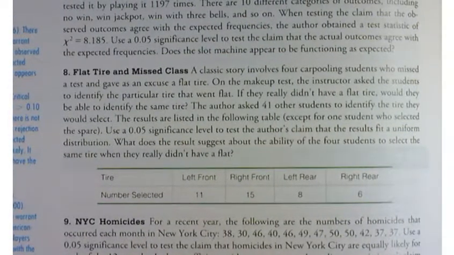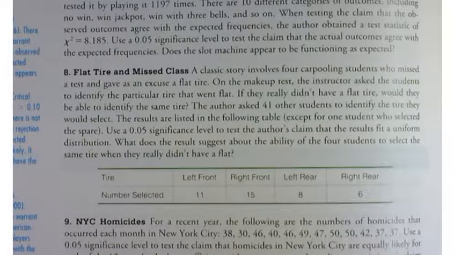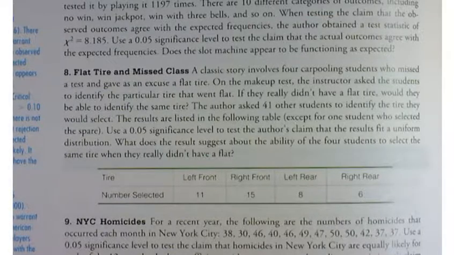A classic story involves 4 carpooling students who missed a test and gave an excuse as a flat tire. On the makeup exam, the instructor asked the students to identify the particular tire that went flat. If they really didn't have a flat tire, would they be able to identify the same tire? The author asked 41 other students to identify the tire that they would select.